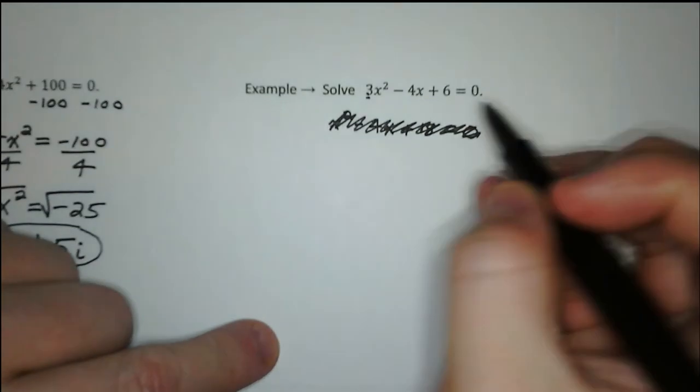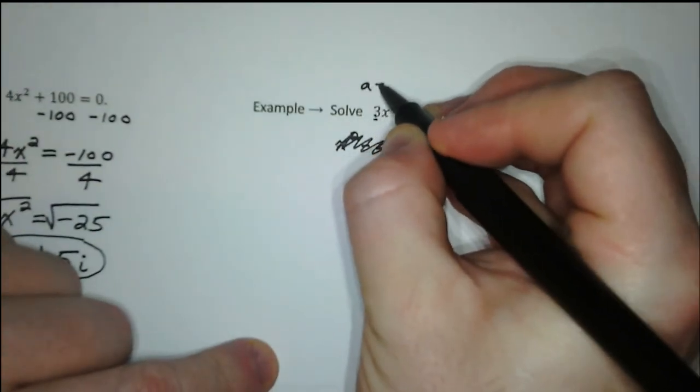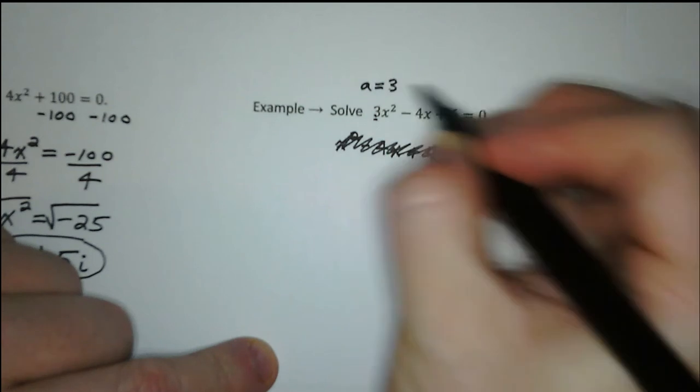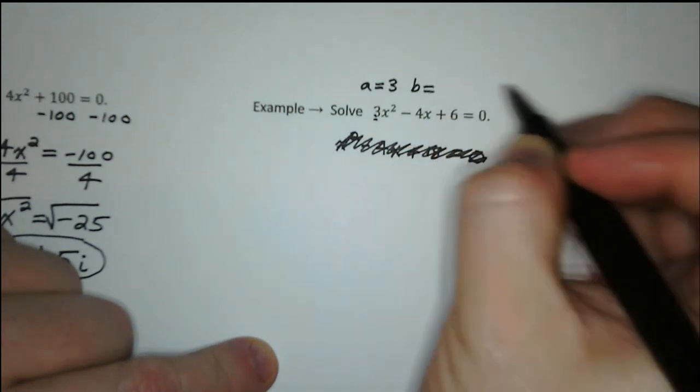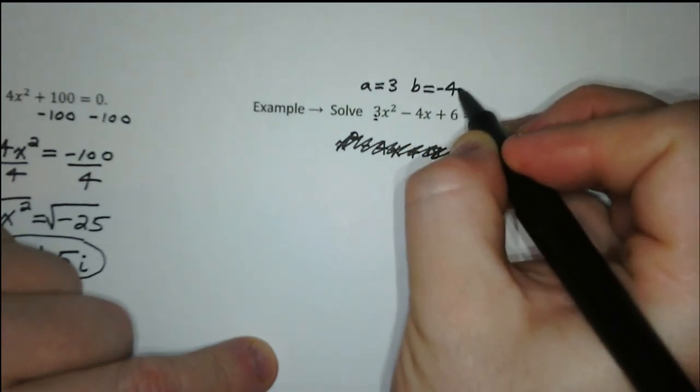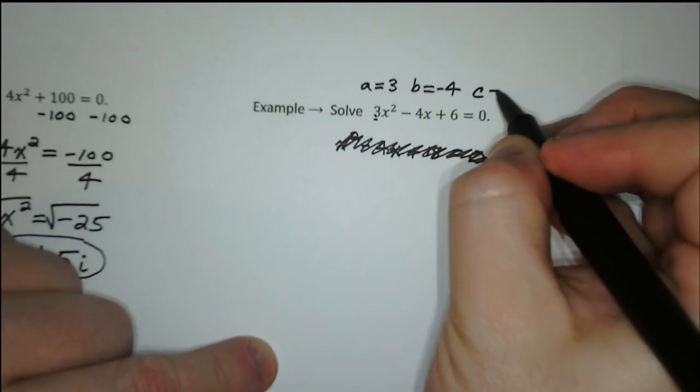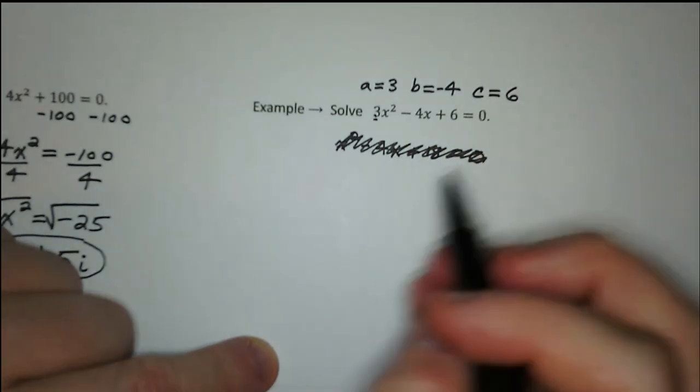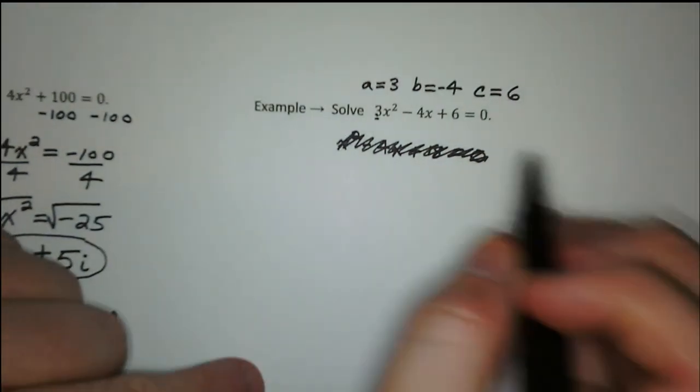Well, guess what? We still have the quadratic formula where a equals 3, b equals what? Negative 4, that's right. And c equals positive 6. So here we go.